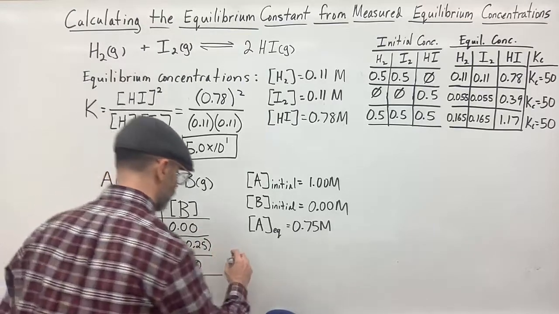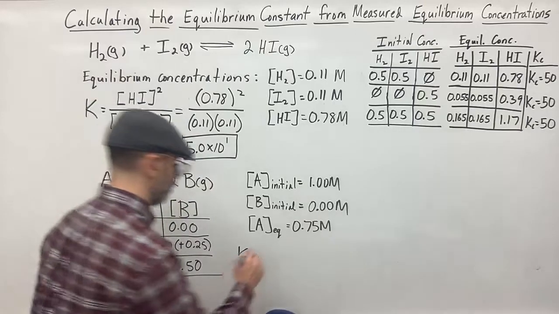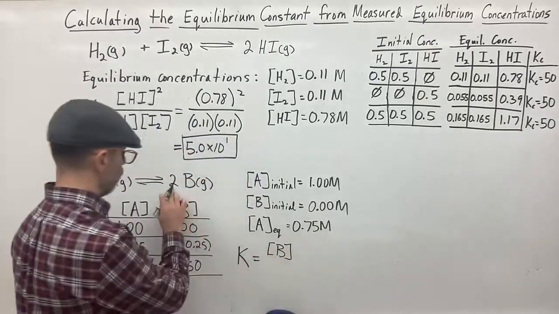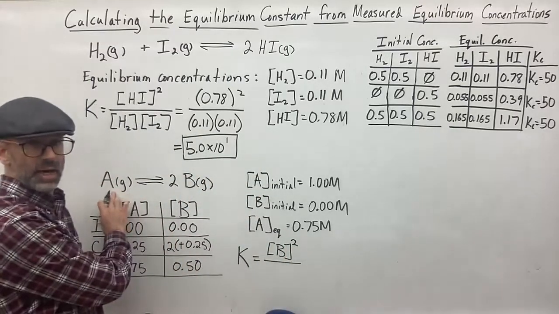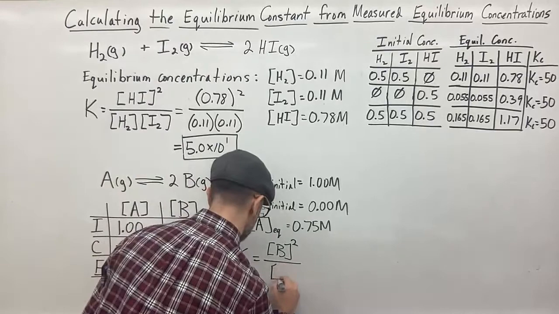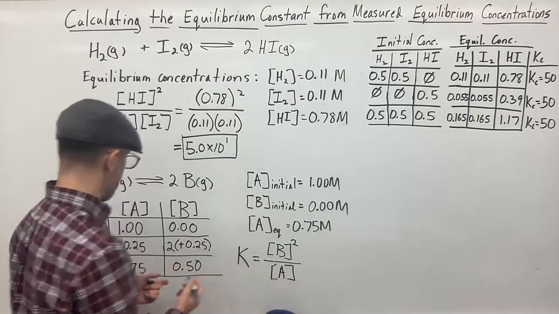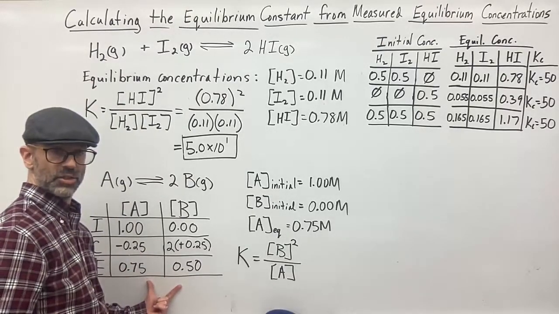So my K expression for this is going to be the concentration of B raised to the second power over the concentration of A raised to the 1 power. And now I can plug in my equilibrium concentrations.